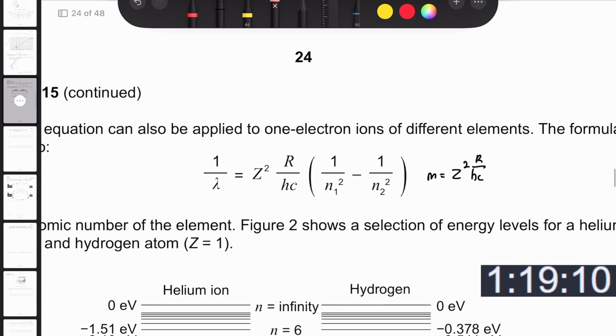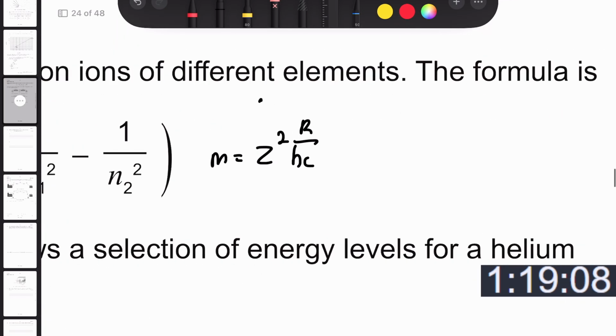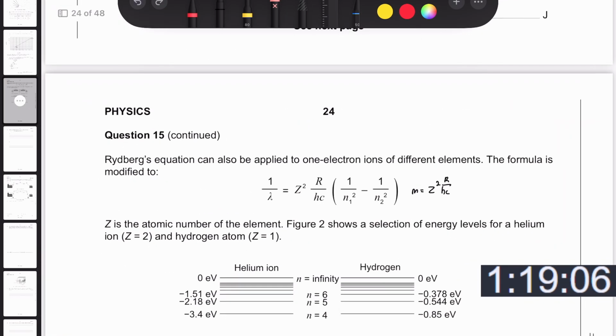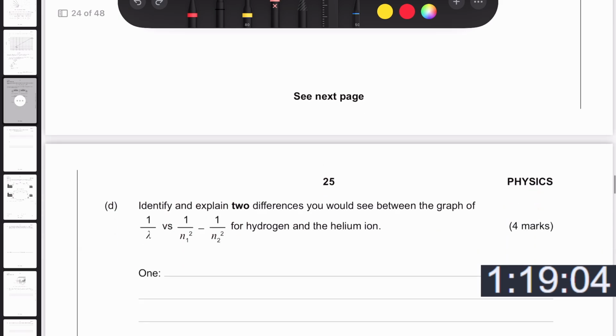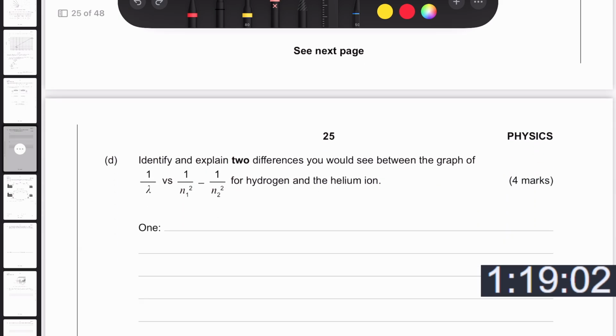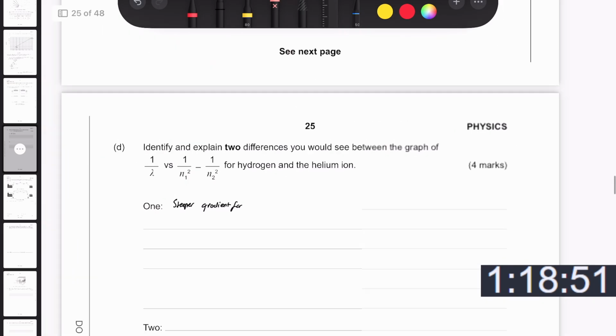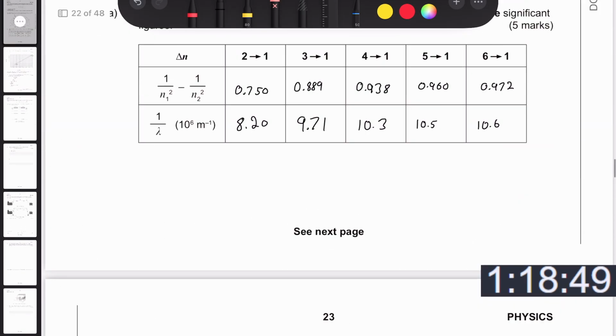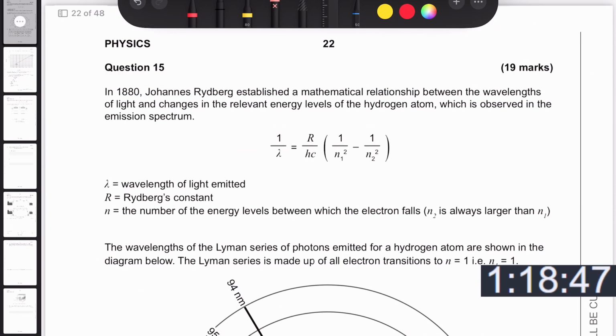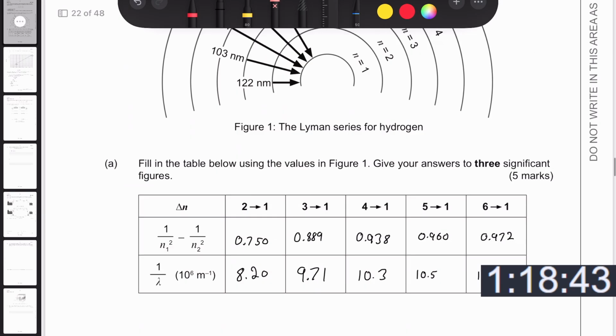So obviously for helium, this is going to be times 4 because Z is 2. So steeper gradient. And R is constant, right? Yeah, it's constant.